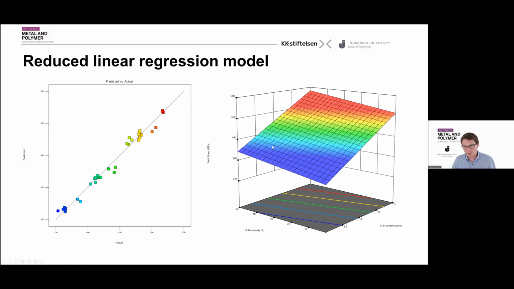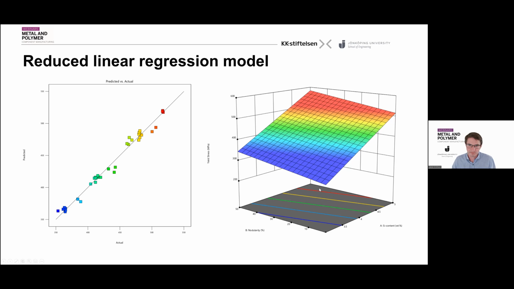To the right, we can also plot this as a surface, so we can see visually what happens if we change the silicon content. You can see we go quite steeply upwards in yield strength by increasing the silicon content.